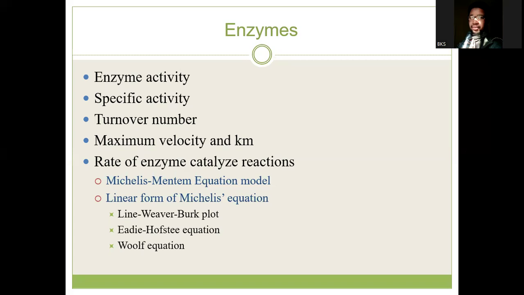So we also talk about maximum velocity, where we say that it's achieved when the active site of an enzyme is saturated. So when you have a high concentration of the substrate, and the substrate fills the active site, you have what we call maximum velocity.